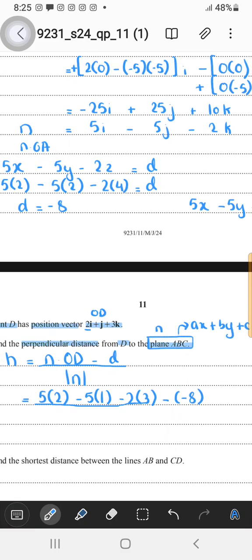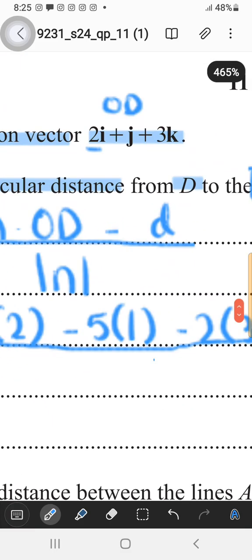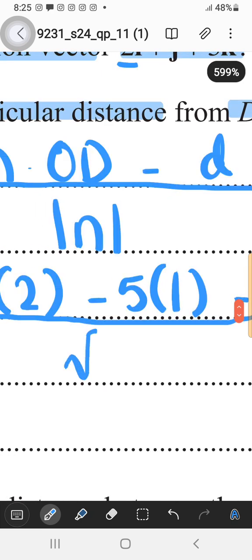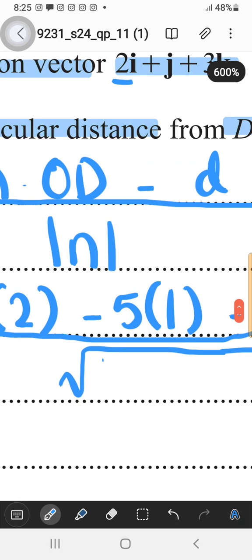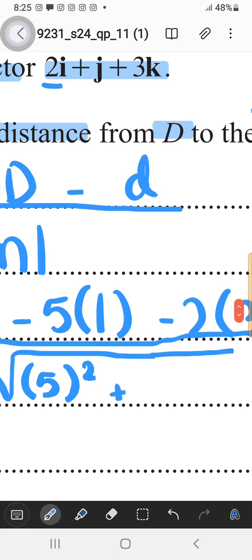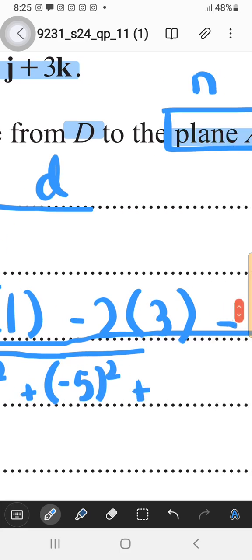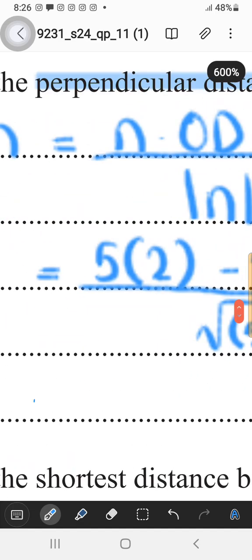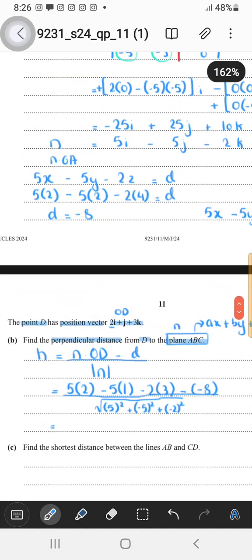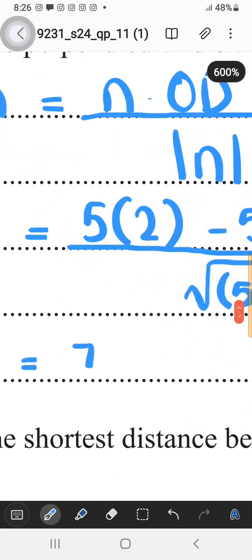Now divided by modulus n, which means take an under root and do the square of the number with i, then the square of the number with j, and the square of the number with k. Okay, so here if we use a calculator for this, we will get the answer 7 under root 6 upon 18.